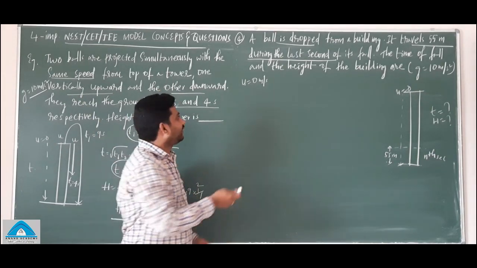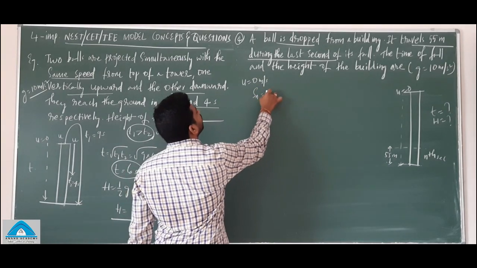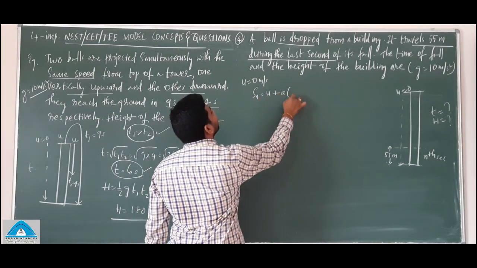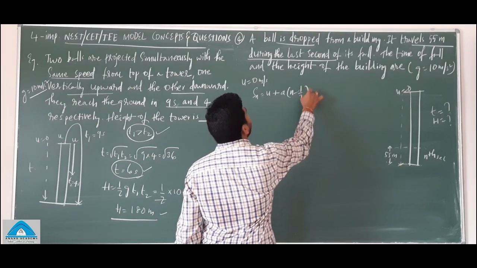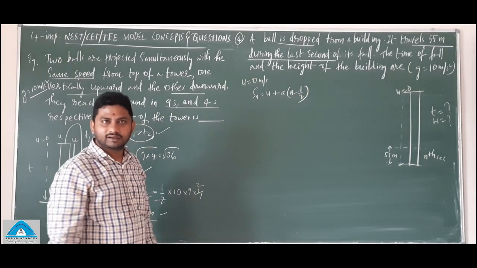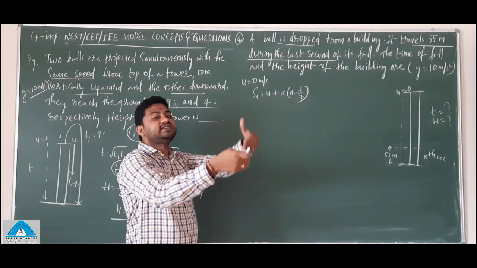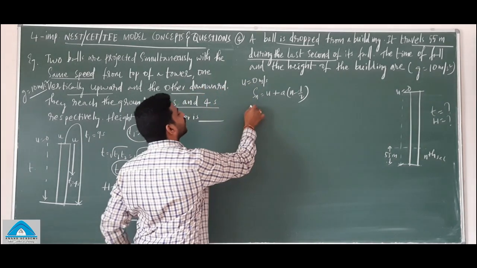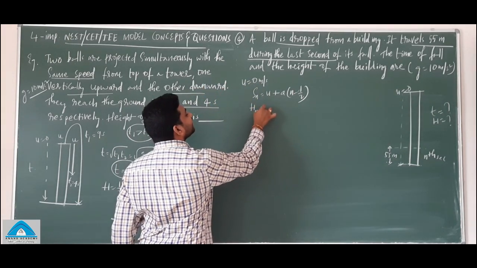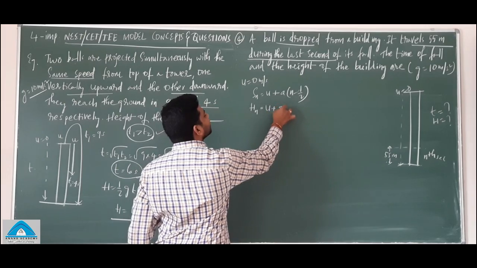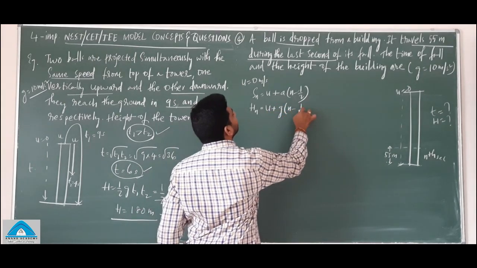You know, h_n is equal to u plus a into n minus half. So this equation of motion under gravity, if you write it, h_n is equal to u plus g into n minus half.